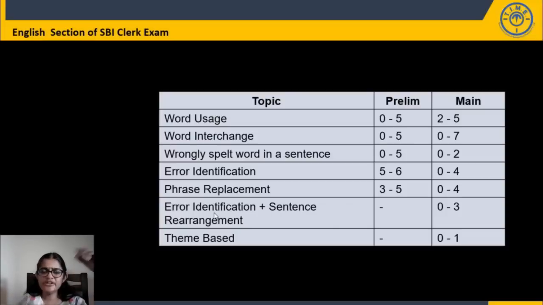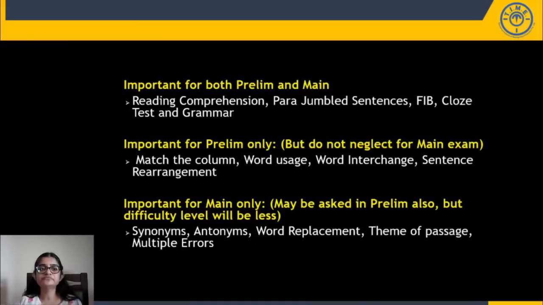As we mentioned earlier, it is a time-consuming question. You have to read the theme and then read 3 different short passages. So only one such question has appeared. Okay. So if we look at the past trends, the question types that are important for both prelims and mains are RC, paraformation, fill in the blanks, close test, and grammar, of course, error identification.